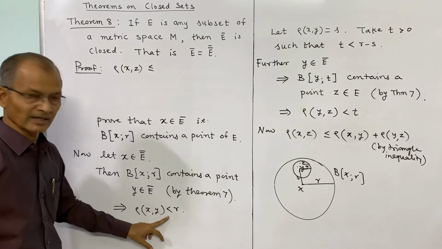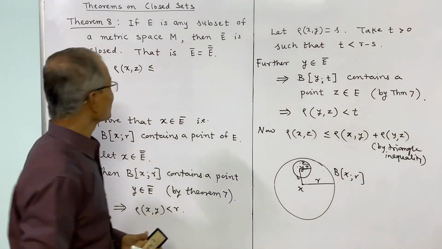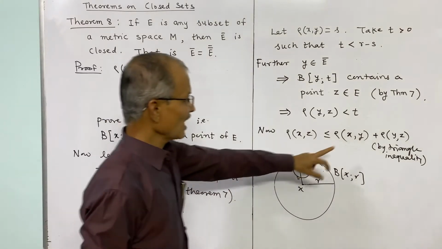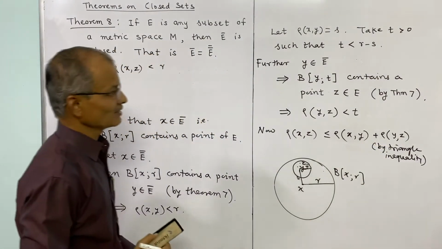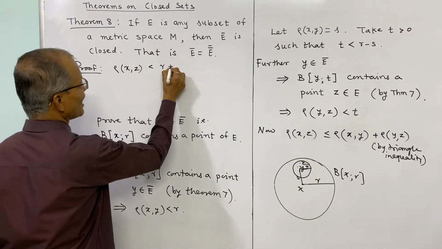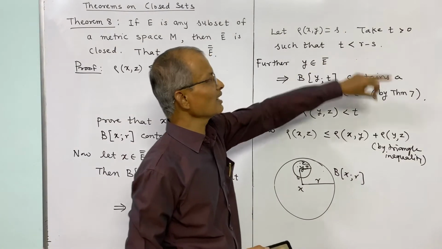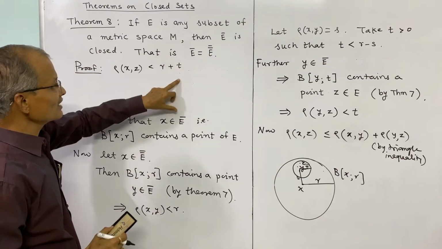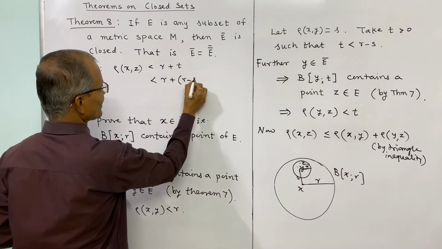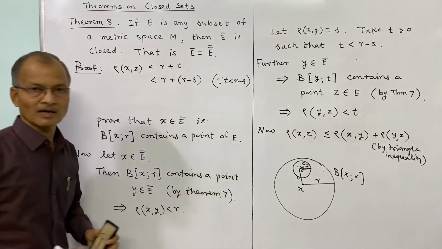We have assumed it is less than R, so the relation will be strictly less than R. And rho of Y and Z is less than T. So therefore this will be less than R plus T. And again, T is less than R minus S, so this is less than R plus R minus S, since we have selected T less than R minus S.